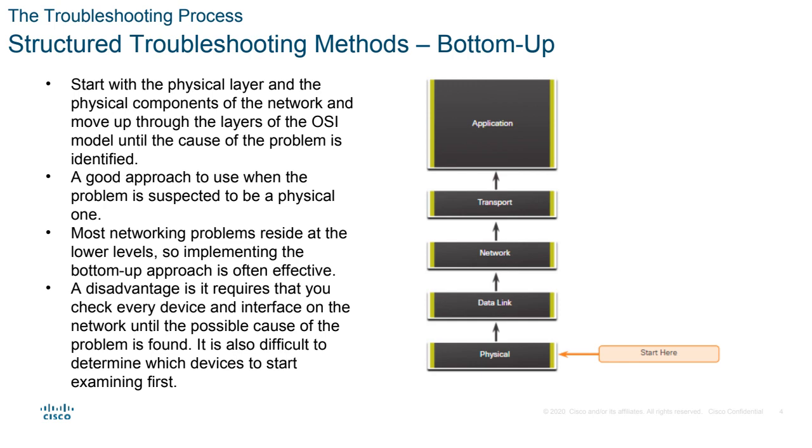So you start with the physical. That's why we call it the bottom-up structured troubleshooting method. Structured means in order. There is a structure. You start from physical, then you go to data link, then you go to network, transport, then the application.